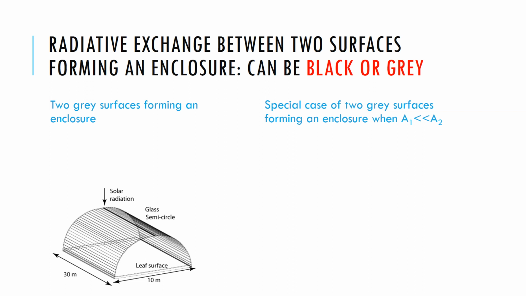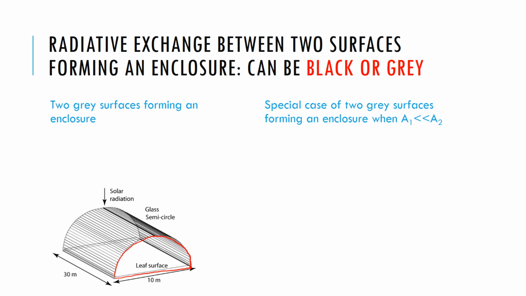So what's a two-surface enclosure? Here is a problem that we're going to do later. It's a greenhouse that has these two surfaces forming an enclosure. We'll do a problem later on.